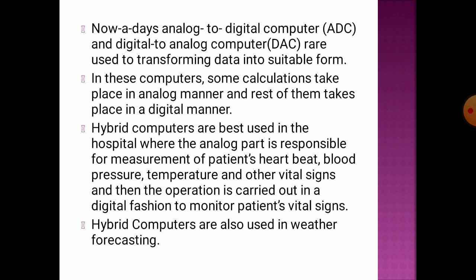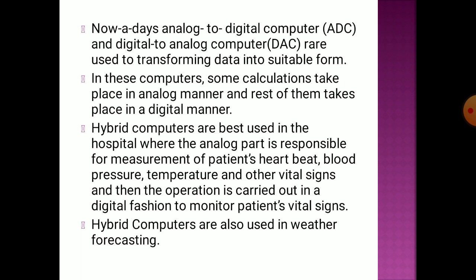We transfer the data from analog to digital, and we even transfer the data from digital to analog. Those are called analog to digital converters, ADC, and digital to analog converters, DAC. These are used to transform data into a suitable form. So how is the data transferred? If it is needed in digital form, we convert from analog to digital.